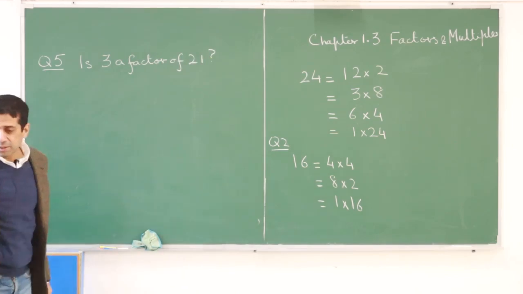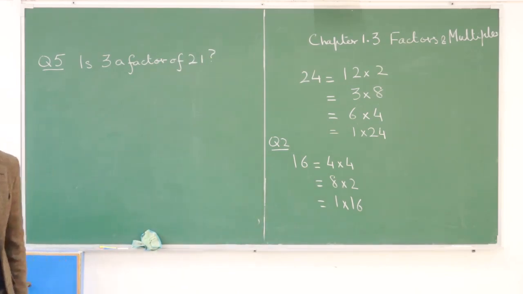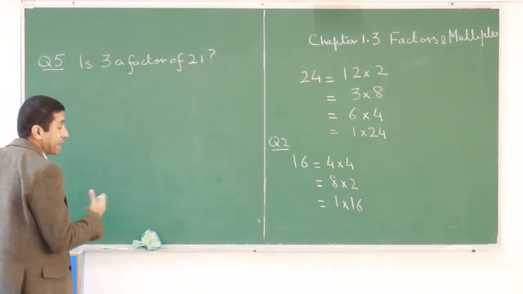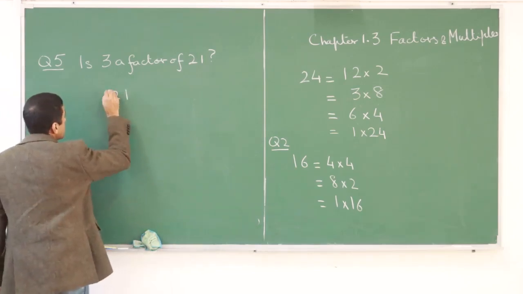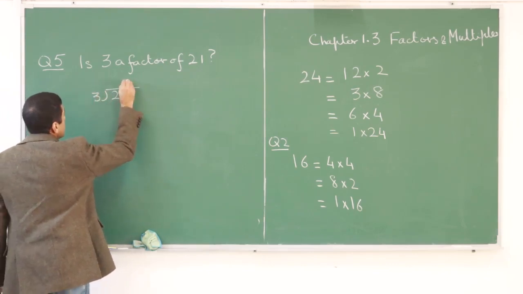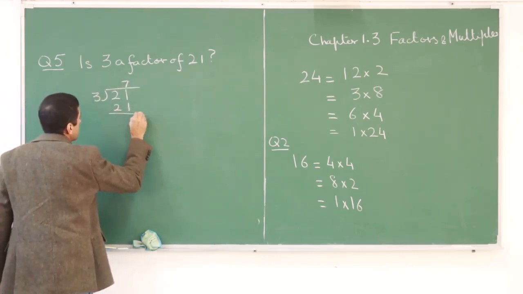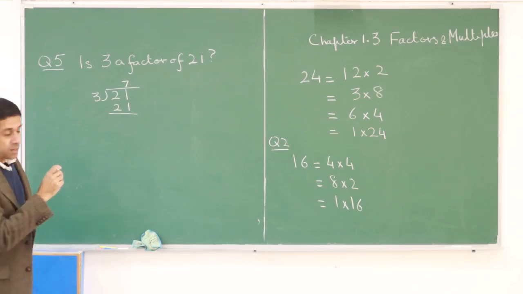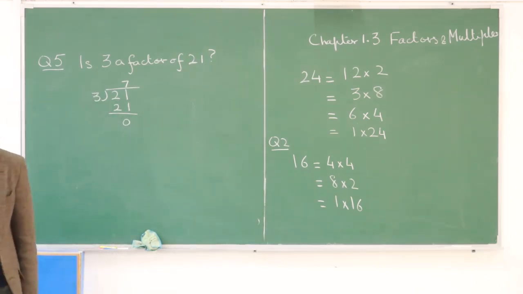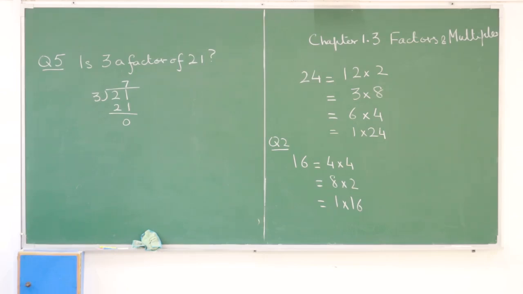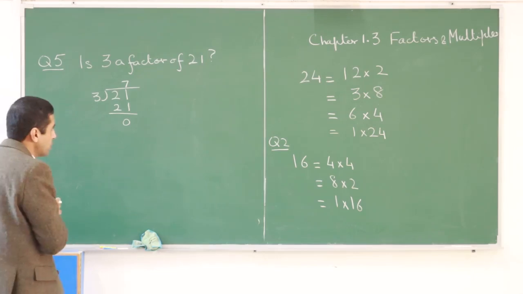The book does something interesting. It tries to divide 21 by 3. That's what you see in the book: this division, and then it writes the remainder 0, and says 21 can be divided exactly by 3, so 3 is a factor of 21.